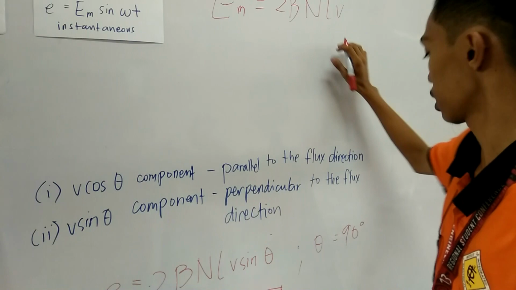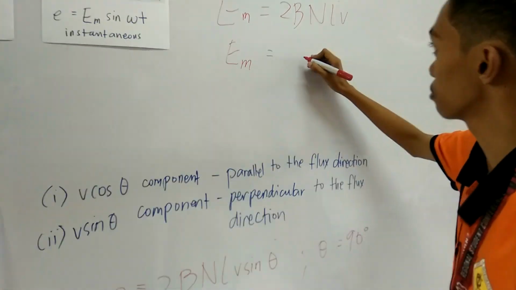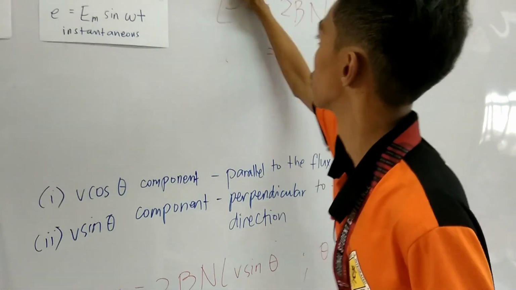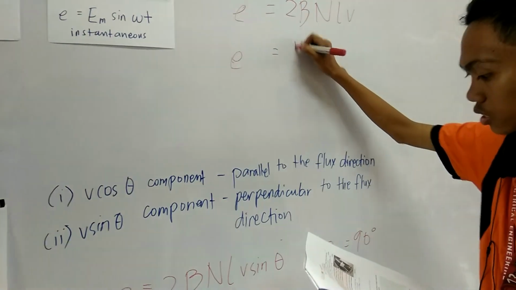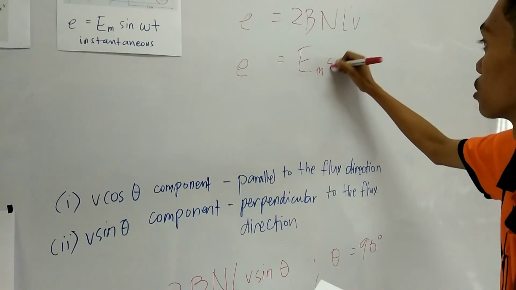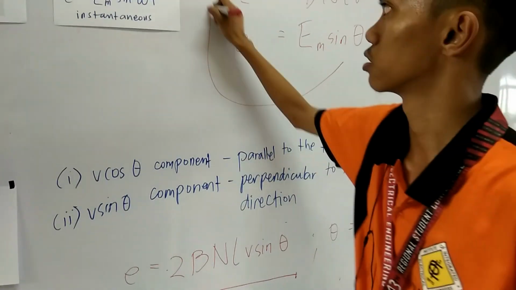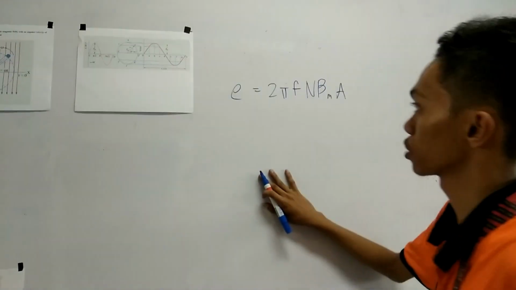And this can be rewritten as E sub m sine theta. So both methods are the same. From our previous equation, we have this one. So we have this equation.